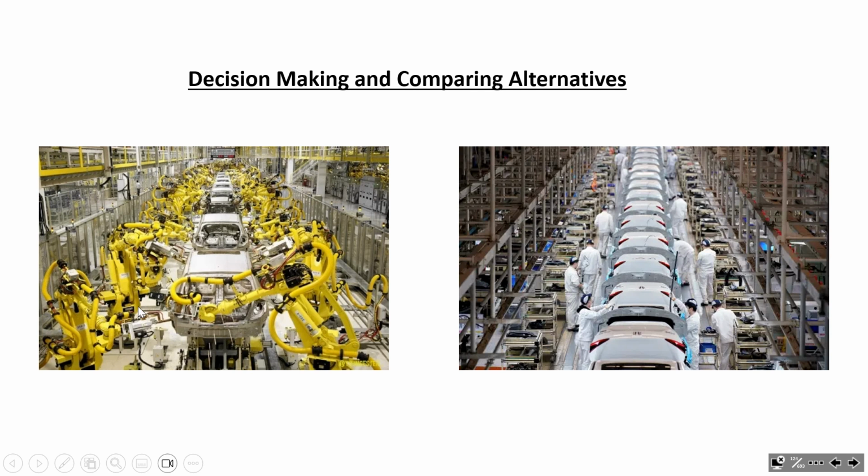So do you want to have a robotic assembly line where there are relatively few people involved in making a car? Or do you want to have more of the human touch in making your cars? And there are some things that only the robots can do, some things that only the humans can do, but on some tasks they may be interchangeable, and we have to have the tools available to understand how to make the decision.